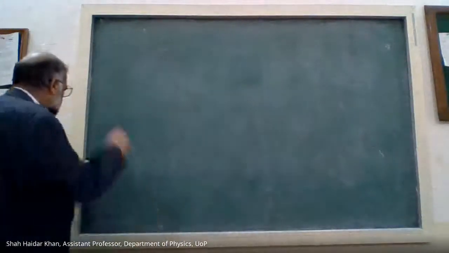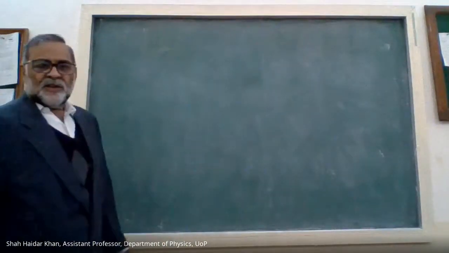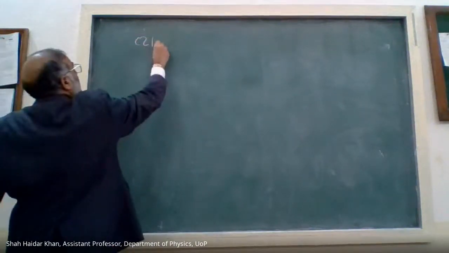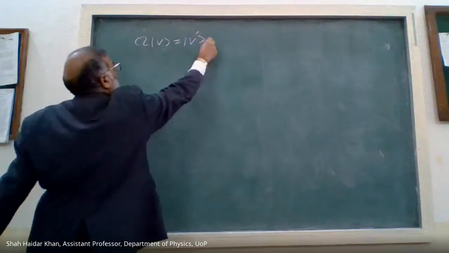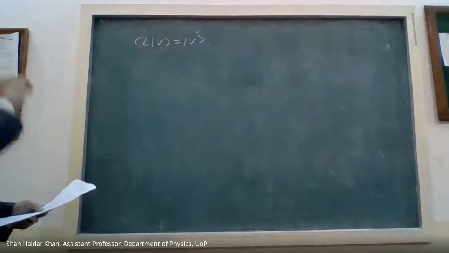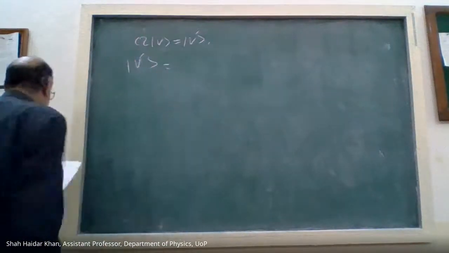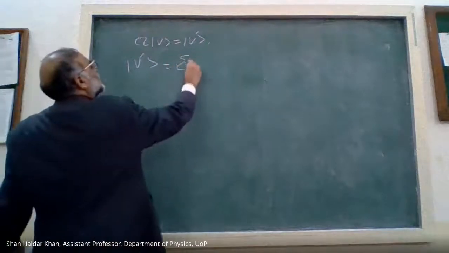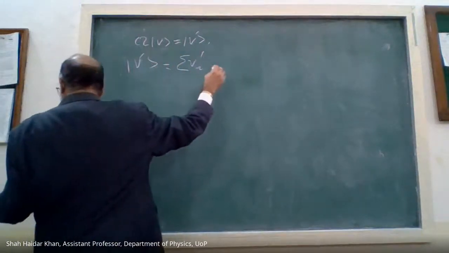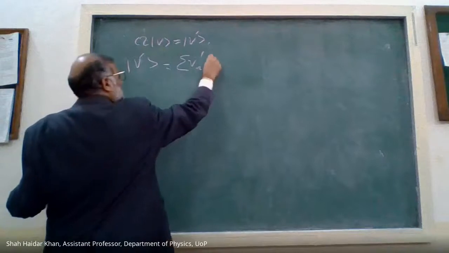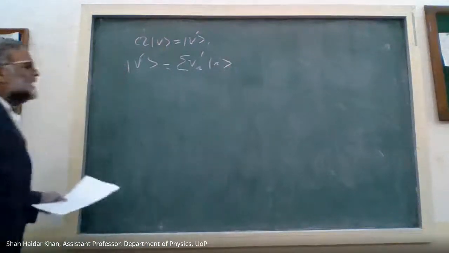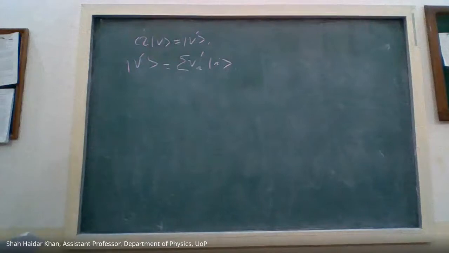Like we have a vector that has been changed by an operator, and it turns it into V prime, right? And we know that V prime, the new vector, will have some components Vi prime along i, right? Components of the vector along i.